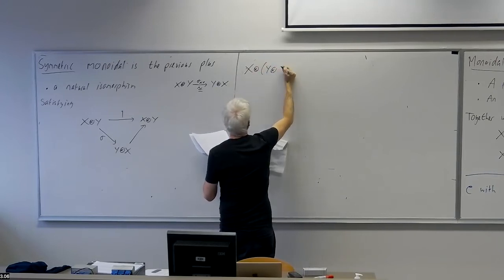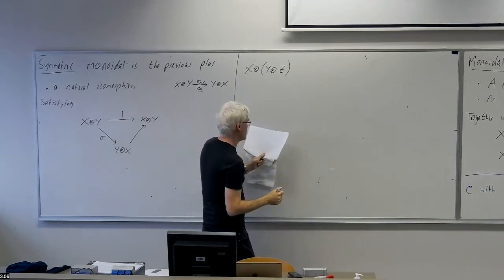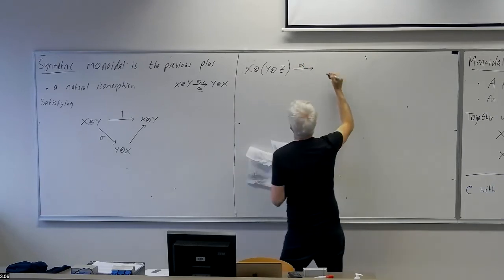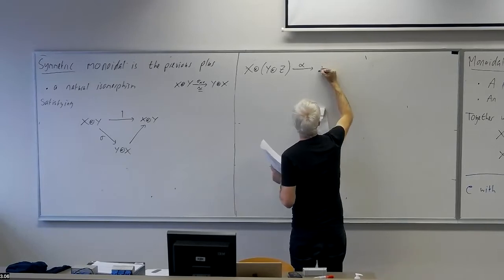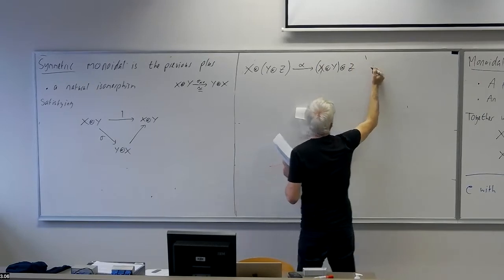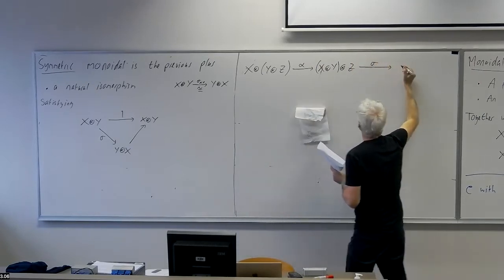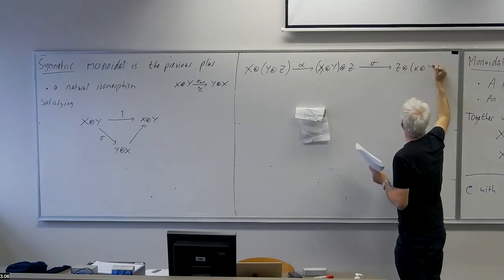So X tensor Y tensor Z. One way of getting Z to the left-hand side is to apply associativity to get Z on its own, and then apply the symmetry map, sigma, and then we get Z tensor X tensor Y.